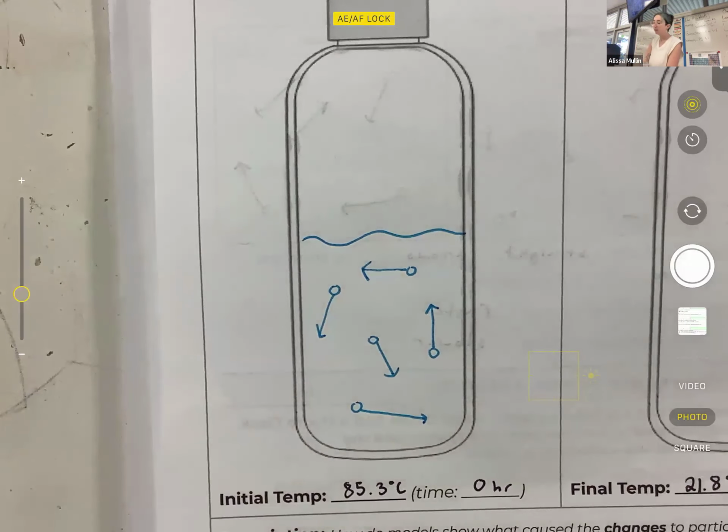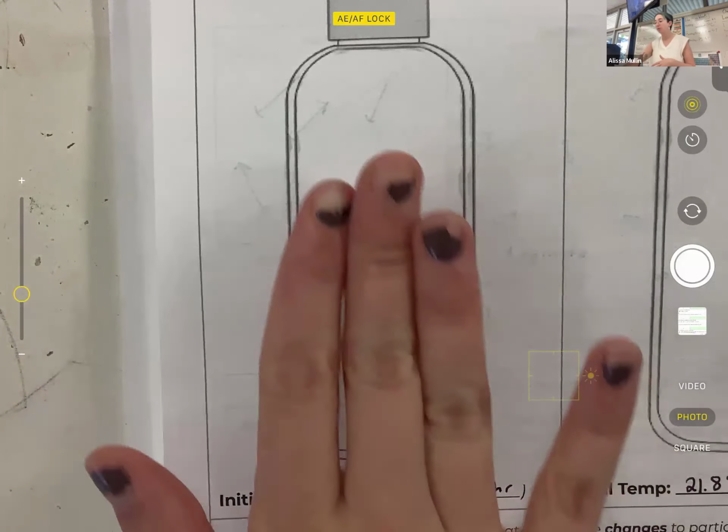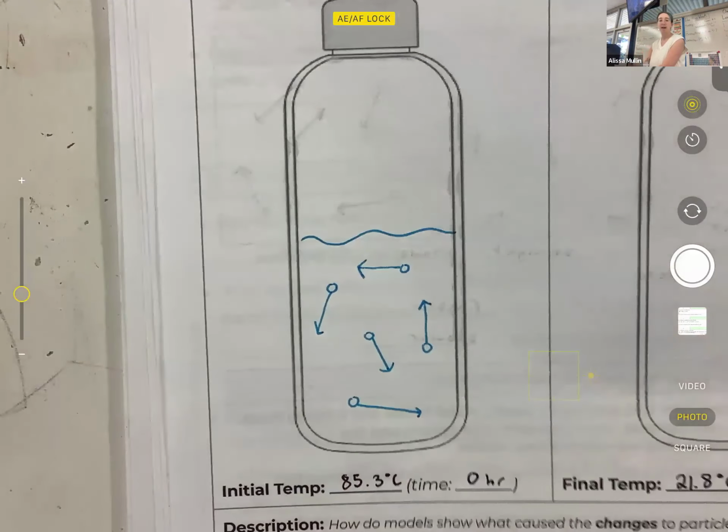Okay, and then we observed that there was a temperature change. A temperature change helps tell us that there was an exchange of energy, an exchange of heat. So that means that there must be some interaction between our system, the stuff on the inside, and the surroundings, the stuff on the outside.